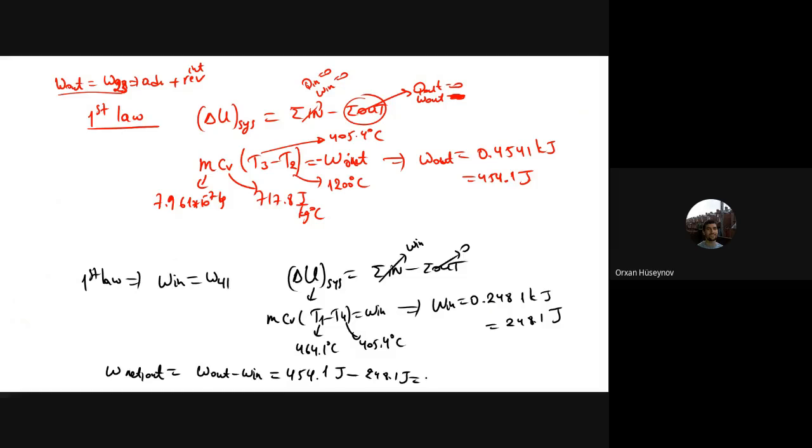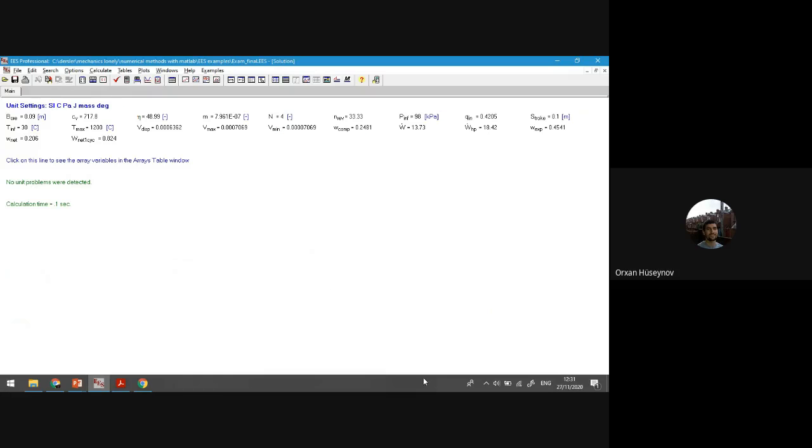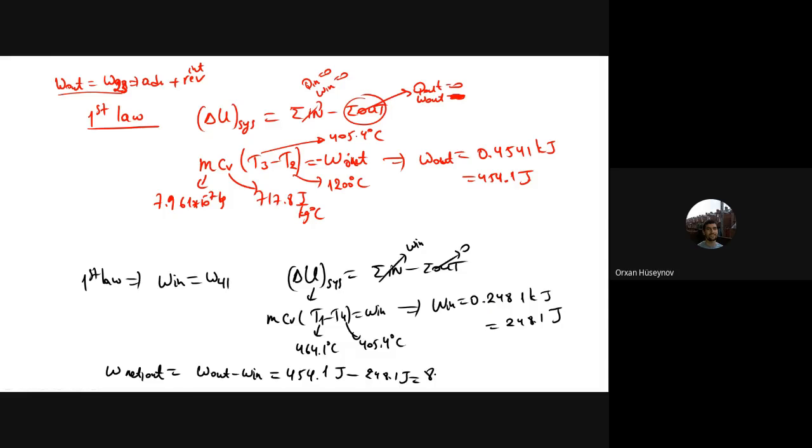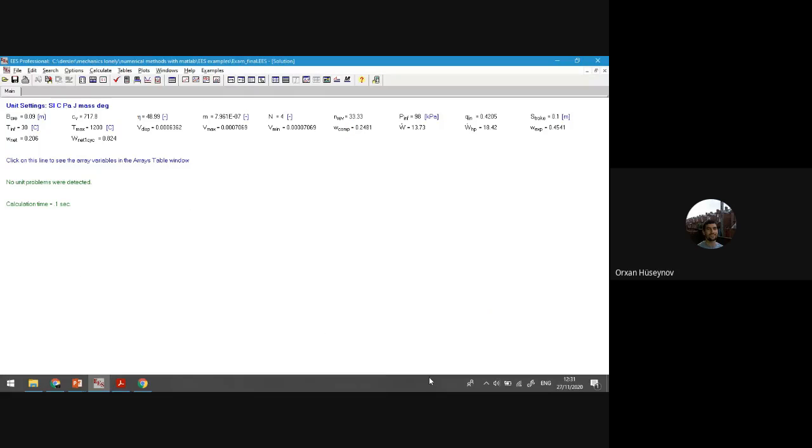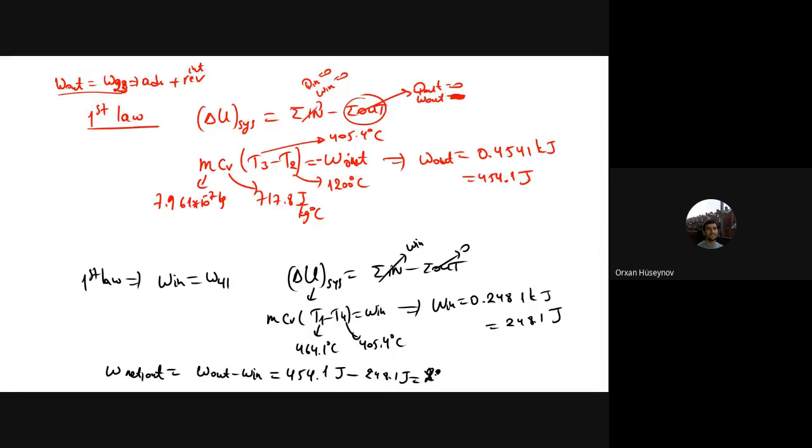That one will be the net work out, 0.206 joules. That is the net work out.